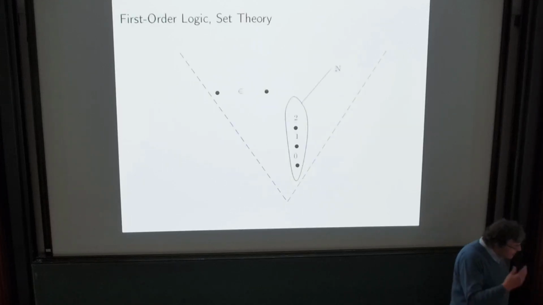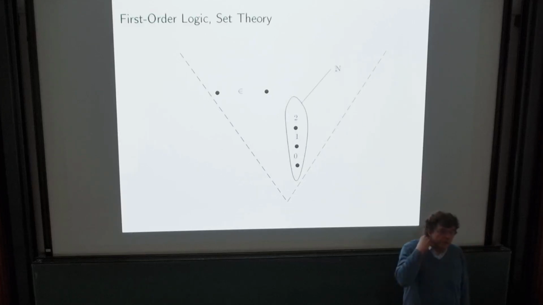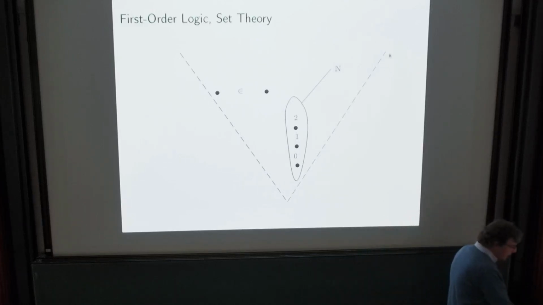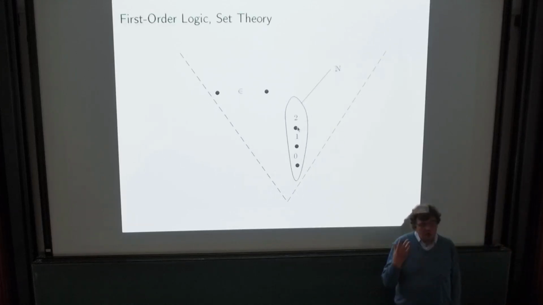So this is a standard view of the set theoretical foundations of mathematics, but many people are not quite satisfied with that because it sort of makes you think of 2 as being a set, whereas you rather would like to see it as a number.